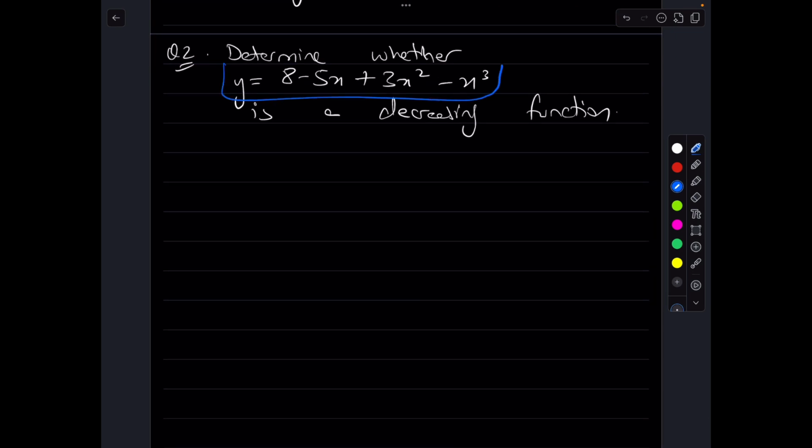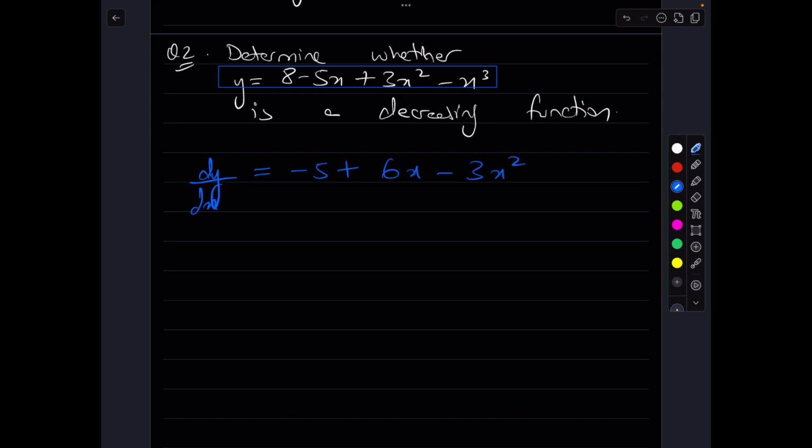So this is our equation in this case. So dy by dx is going to be minus 5 plus 6x minus 3x squared, which is less than 0.